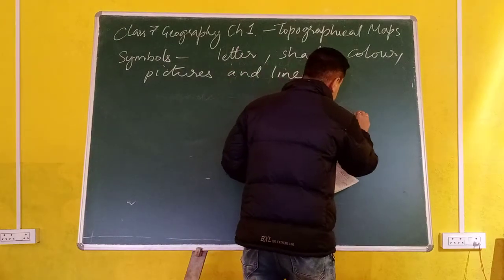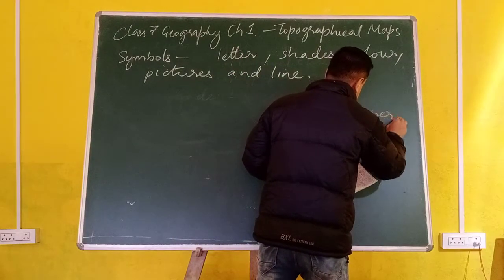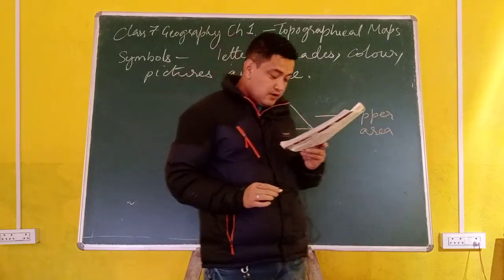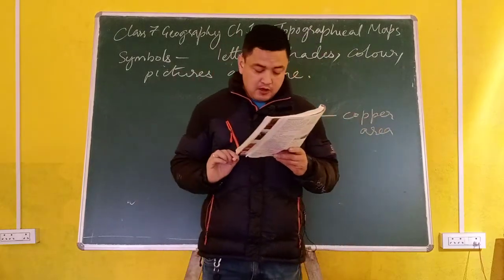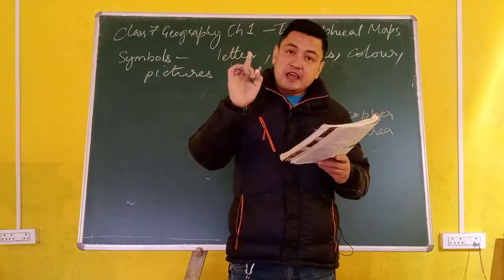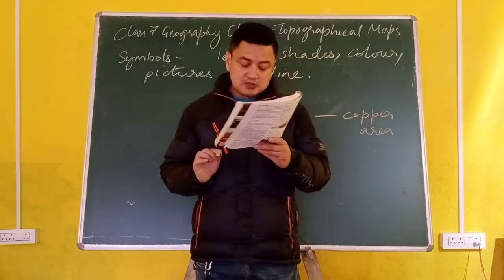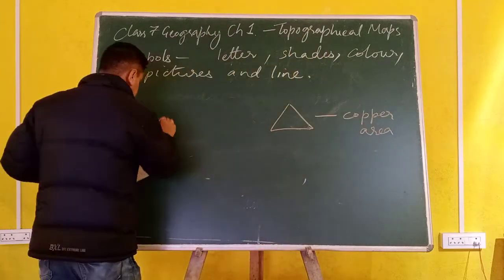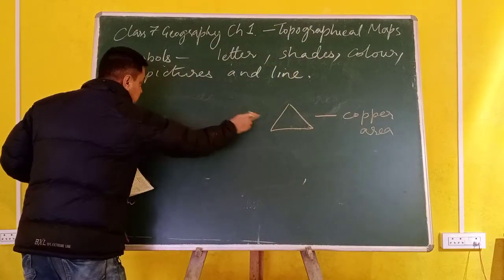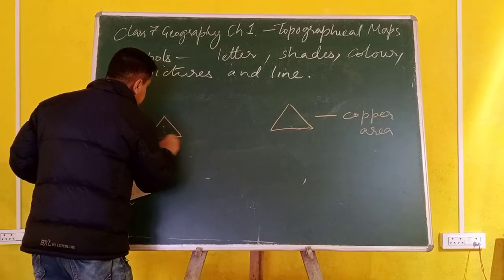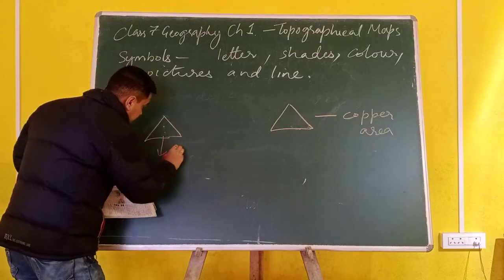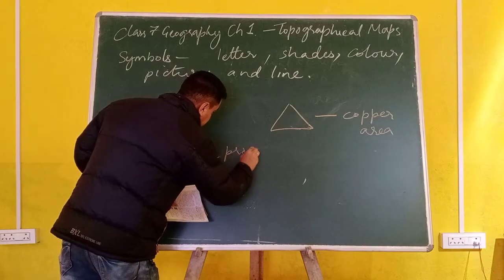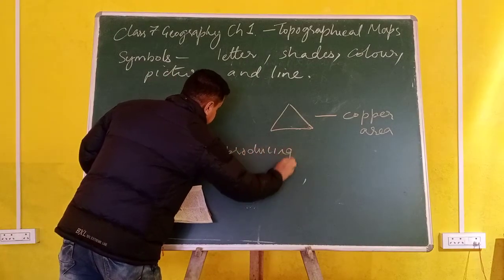In one map, the same symbol can be used for depicting a copper producing area, and in another map, the same symbol can be used for showing a maize producing area.